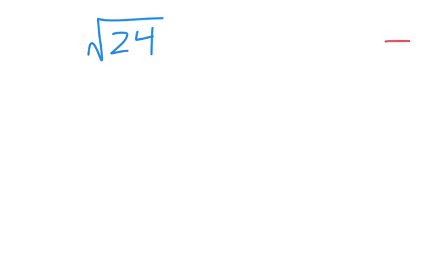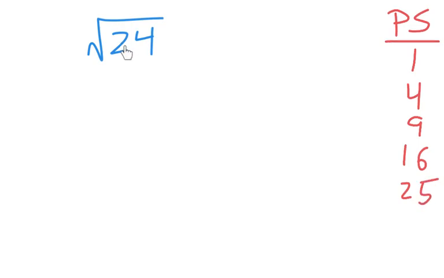Think about our list of perfect squares: 1, 4, 9, 16, 25. Okay, I've gone past 24 now. So can I write 24 as 16 times a whole number? Can I write it as 9 times a whole number? Can I write it as 4 times a whole number? 4 times 6. So we're going to rewrite the square root of 24 as the square root of 4 times 6.